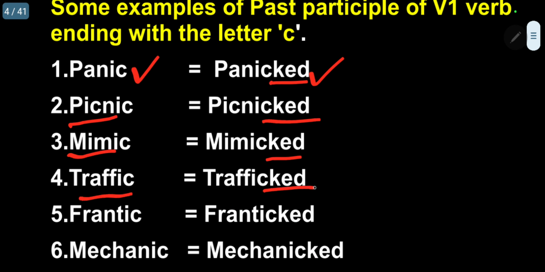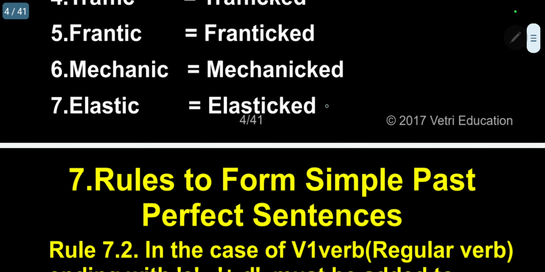Traffic, trafficked. Frantic, franticked. Mechanic, mechanicked. Whenever C comes as an ending in a V1 verb, add KED to convert it to the past participle V3 verb. If it is continuous, simply you add ing. Please have it in mind.